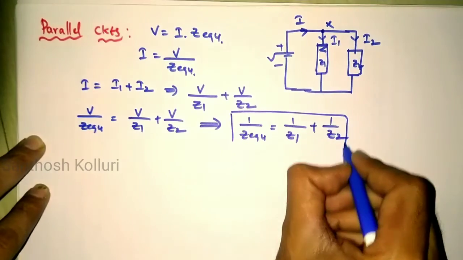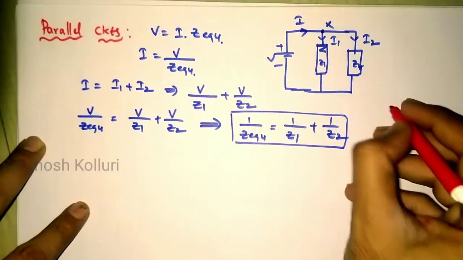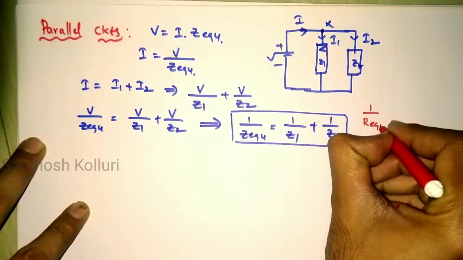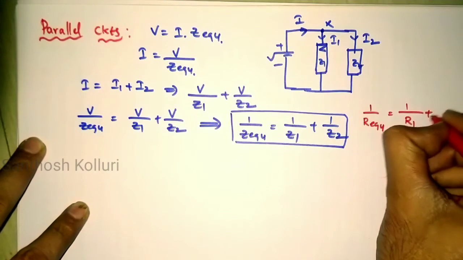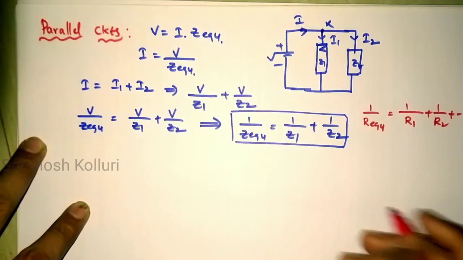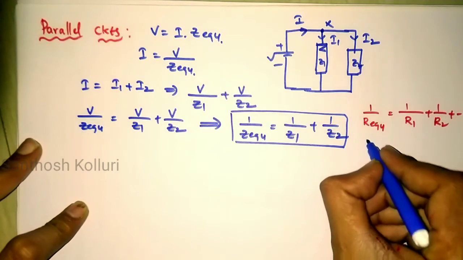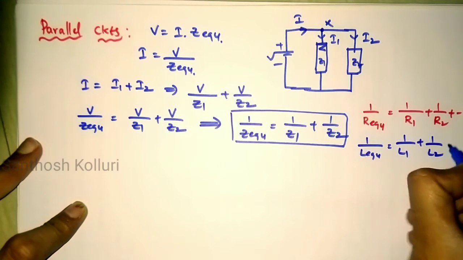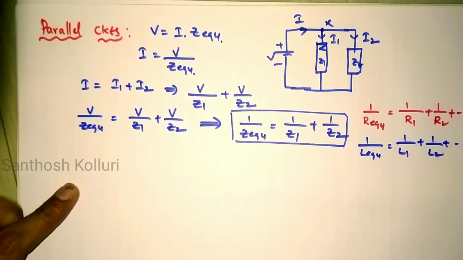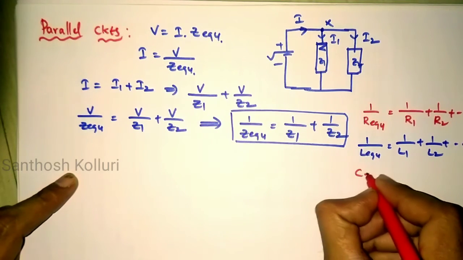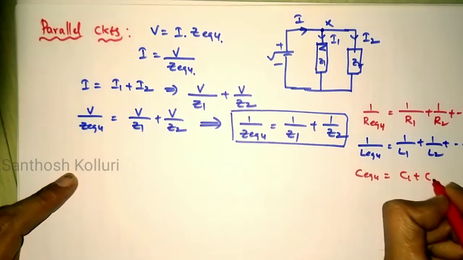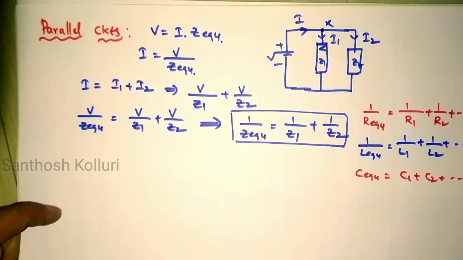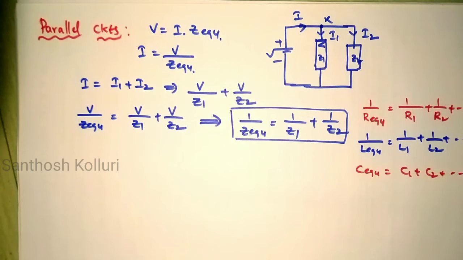This is for two elements. For resistors, 1 by R equivalent is equal to 1 by R1 plus 1 by R2 plus so on. For inductors, 1 by L equivalent is equal to 1 by L1 plus 1 by L2 plus so on. Whereas for capacitors, C equivalent is equal to C1 plus C2 plus so on. These are the formulas for finding the total equivalent values when the elements are connected in parallel.